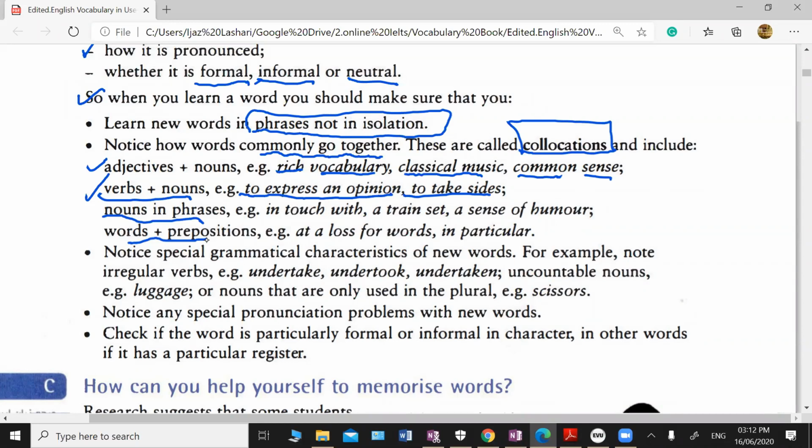For example, at a loss for words. In particular. So these are like prepositions plus words plus prepositions. So that is why it says that you should not learn the word in isolation. This is one way you will understand how the word is used. You will try to memorize it, and remember it quickly and in a very short time.